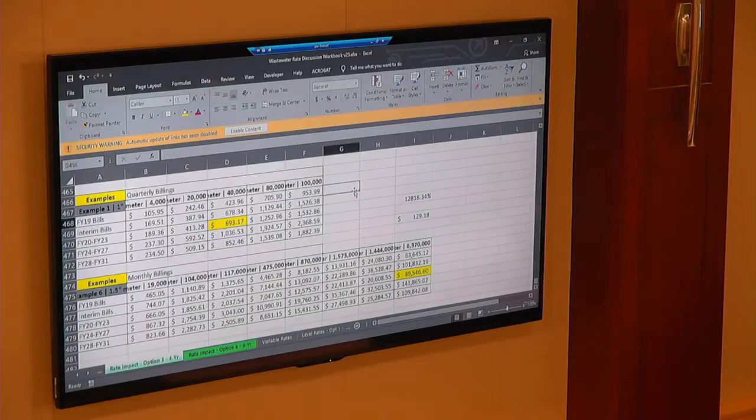I now want to look at, okay, what it's been. So the FY19 bills, which were before any increase in rates. The largest user was at 63,000 and 423. What is 63,645 divided by 423.96?